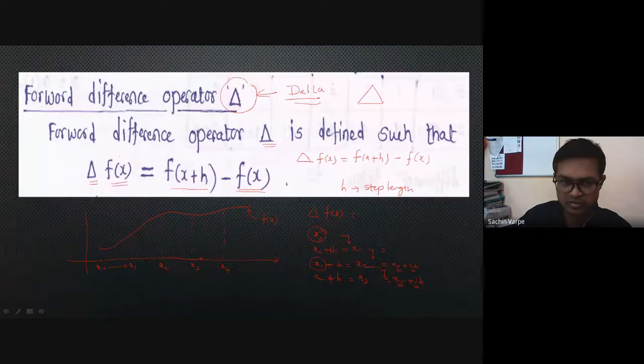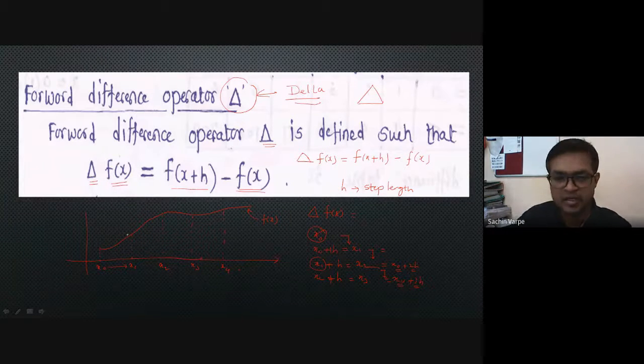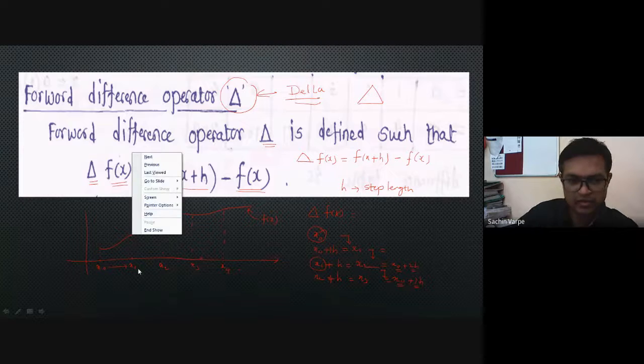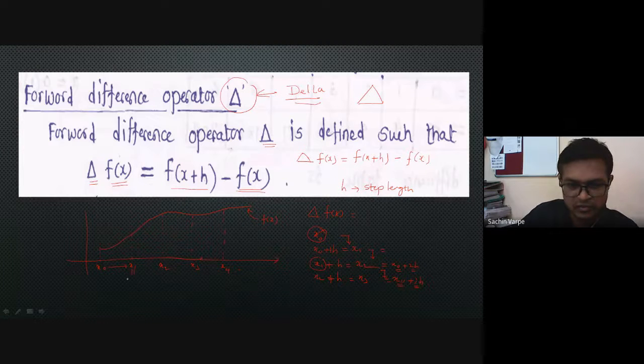So what does this forward difference operator give? It gives the value of the function. You can see here f of x1. This x1 means what? x naught plus h, right? So this is the function value.